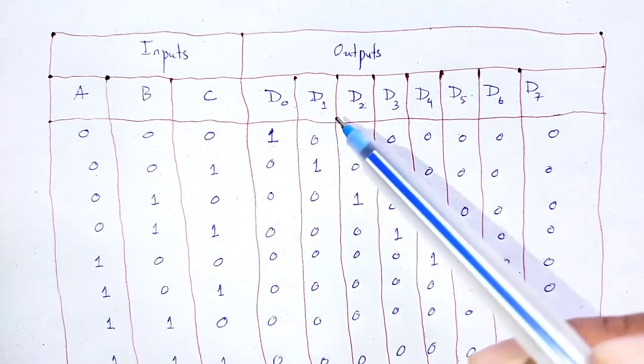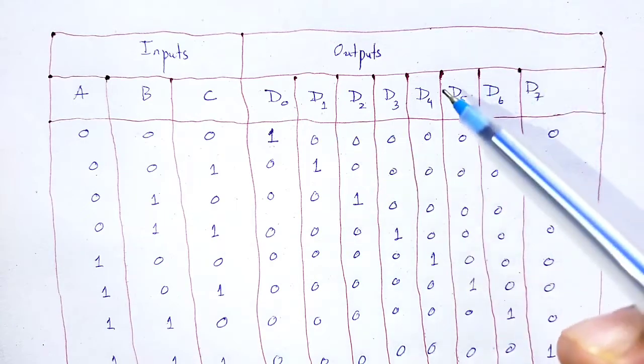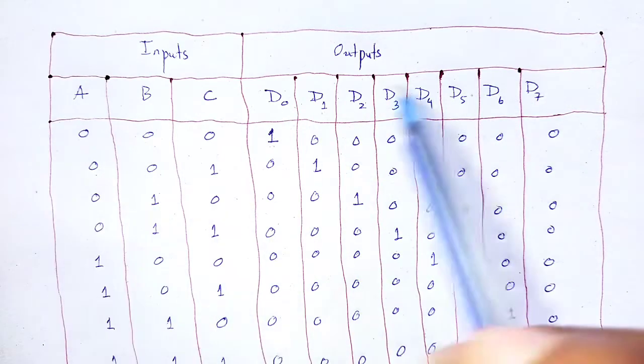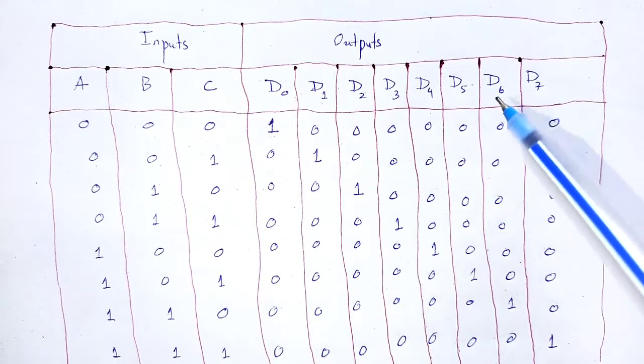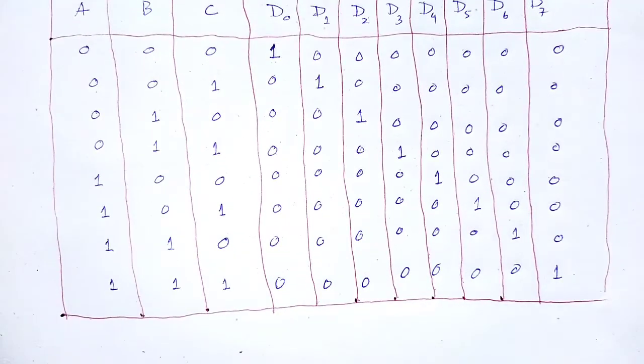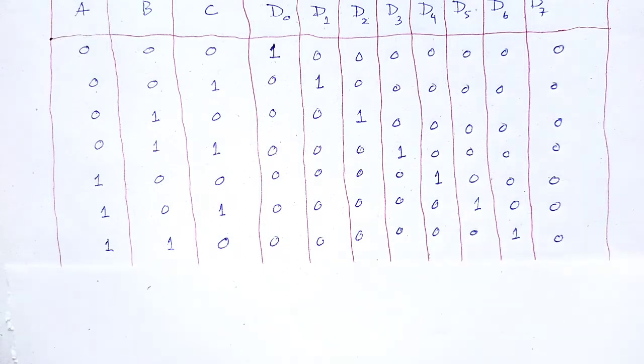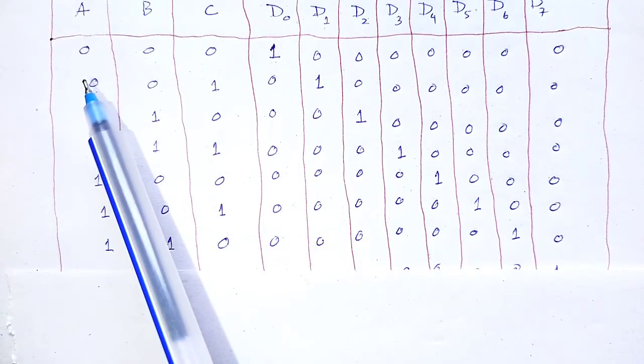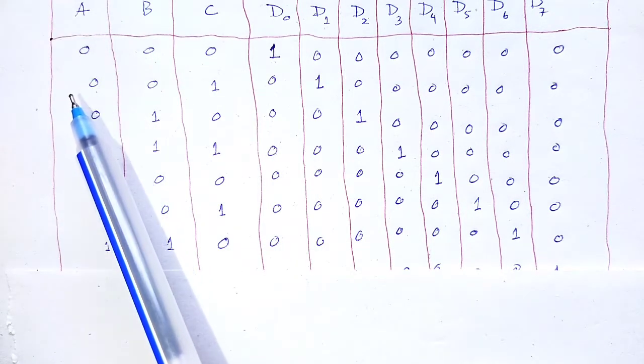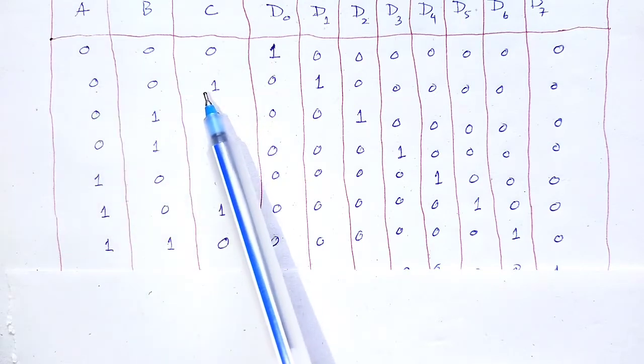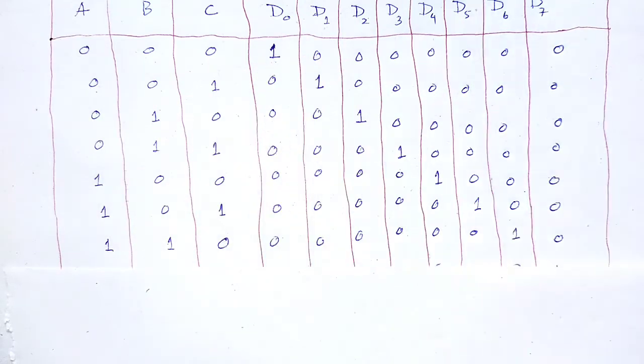Therefore, when we write the Boolean expressions taking into consideration that particular truth table, for 0 we use the primed, for 1 we use the unprimed.